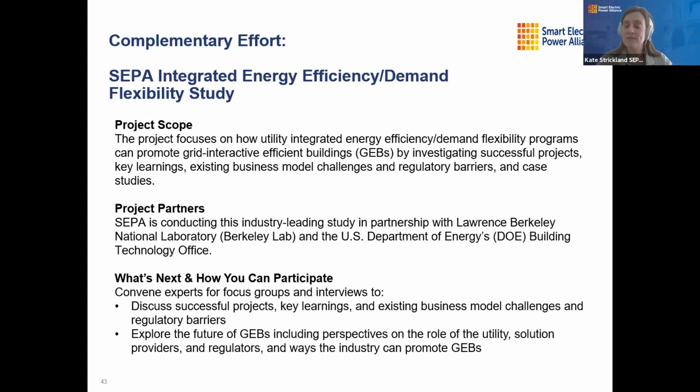And we're focused on investigating successful projects, key learnings, existing business model challenges and regulatory barriers, and also some focus studies on utility programs and program design. We're currently convening experts for focus groups and interviews, and my contact information is included in the deck if anyone would like to discuss this study further.